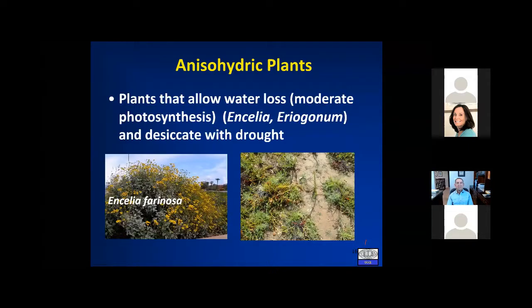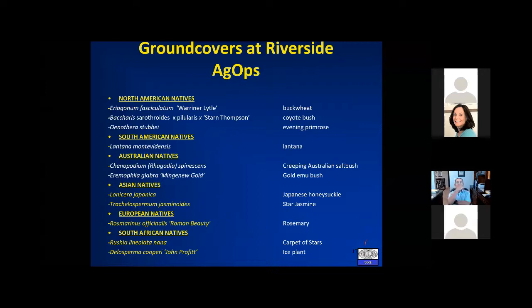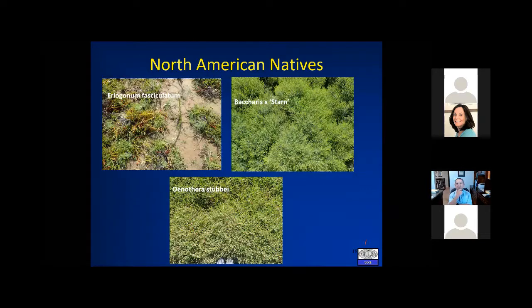Okay, so I'm going to get into the ground covers now and what we're doing. There's a group of ground covers, and I've separated them out by what region they're from. And I'm going to go into each one of these. So the North American natives that we're using are the buckwheat, Eriogonum fasciculatum, and the coyote bush on the right is Starn.